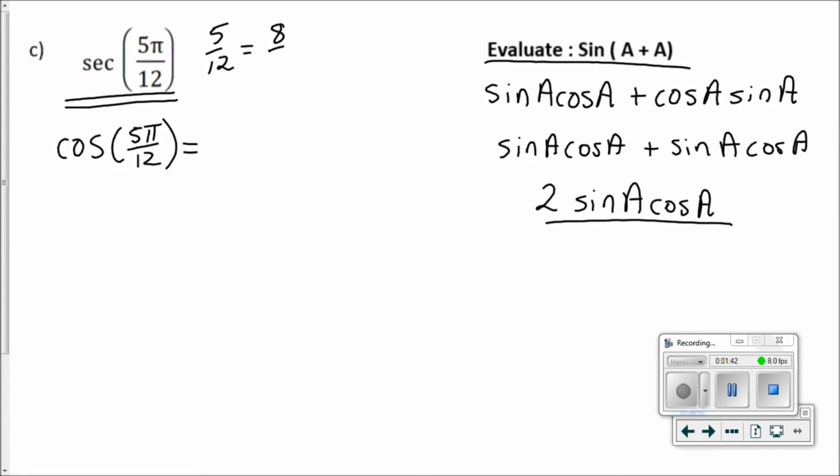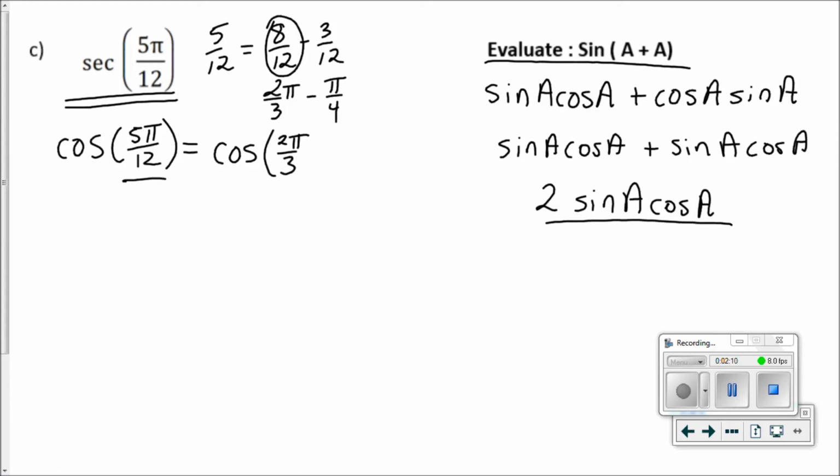And so I'm thinking 8/12 minus 3/12. And 8/12 is 2/3. So this is like 2 pi over 3 minus 3/12 is, of course, a quarter, pi over 4. So the way I'm going to end up with the cosine of 5 pi over 12 is by doing the cosine of 2 pi over 3, which is the same as 8 on 12, minus pi on 4.